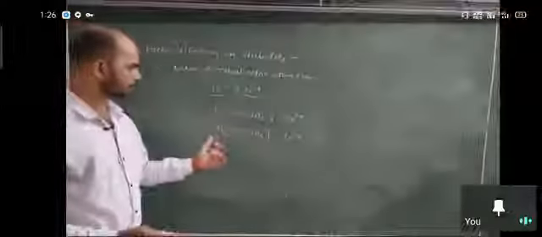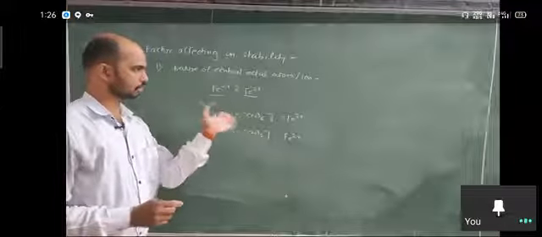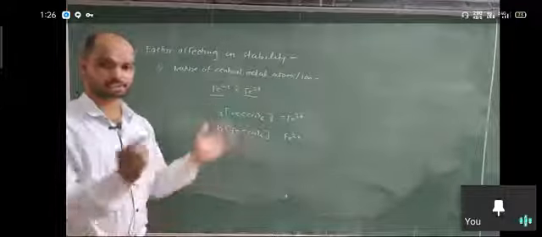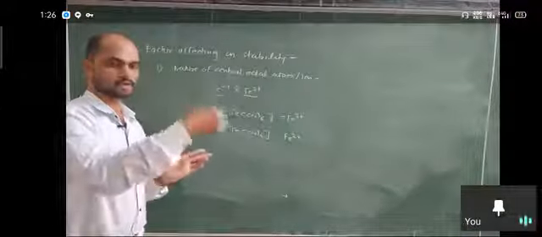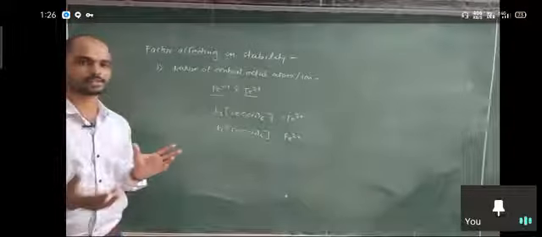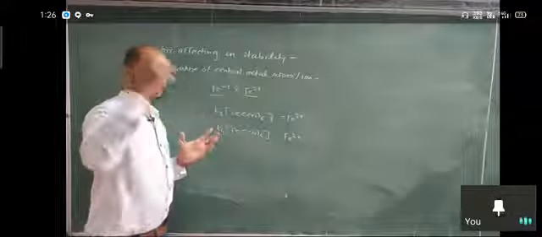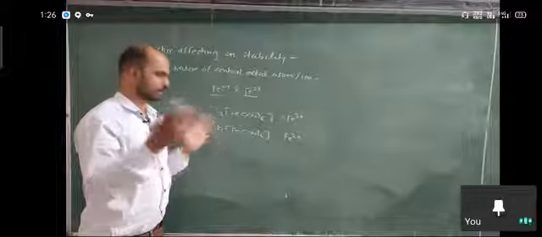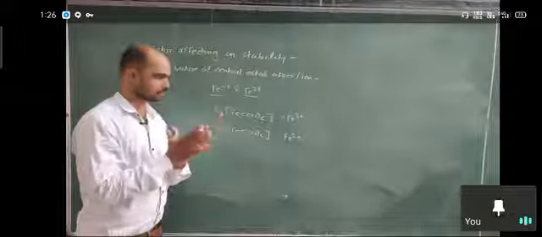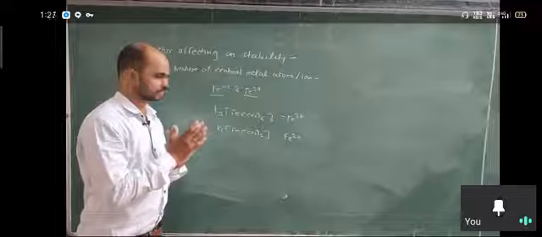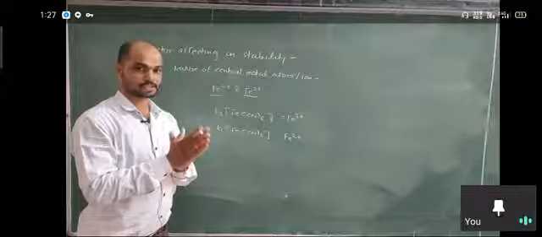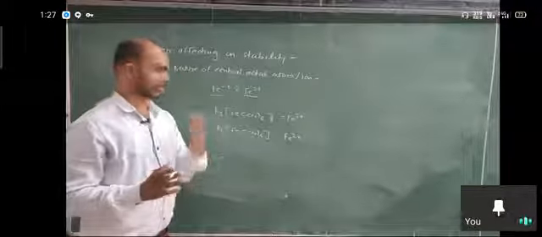So if the charge increases, the radius decreases. You know the electrons are lost, the outer electrons, means nuclear charge increases, so the outer orbital shrinks inside, it goes to decrease in radius. So charge increases, radius decreases. So the charge to radius ratio, wherever it is greater, that will form the most stable complex.